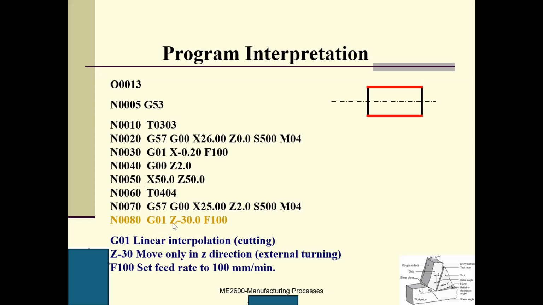I only change it in Z. This is my Z 2.0, and now my Z is minus 30. And this is a whole line, okay? A horizontal line, from here to 30. Yes, horizontal. And the feed rate is 100. This is turning, 100 millimeters per minute.